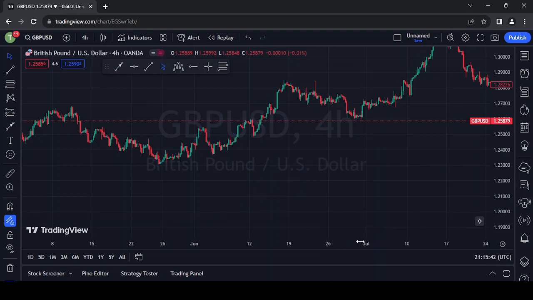Now, I need to clarify this before we continue. The use of a Fibonacci. Fibonacci needs to be used with other trading strategies. Which other trading strategies can you use a Fibonacci with? The use of your candlestick patterns.